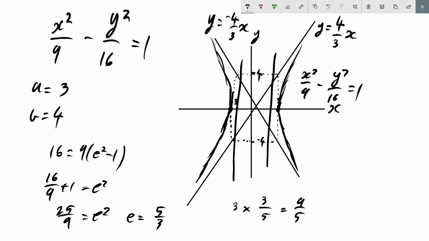And you would label your directrices as well with 9/5 and -9/5. Our focus is going to be our eccentricity times the a value, so it's actually going to be at 5. So assuming that that's 5, that's also our focus. And there's -5, so there's our other focus.